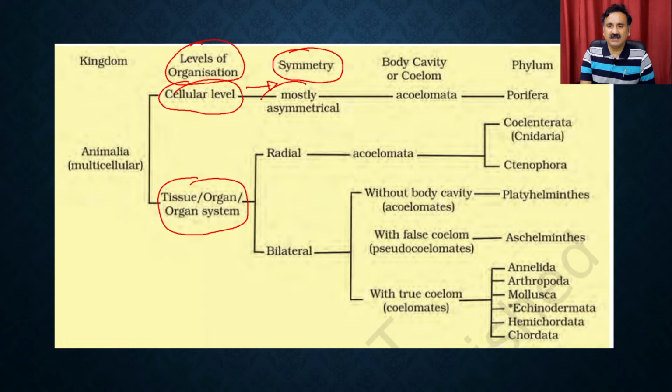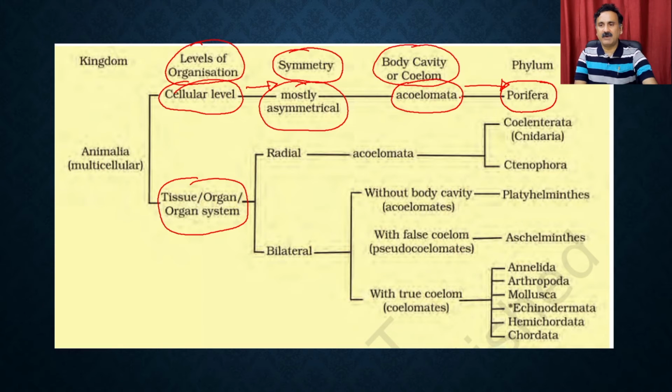If it is asymmetrical, then you look at the body cavity, whether it is present or not. If the body cavity is not present, then it is considered to be acoelomate. With all these three criteria you reach the first phylum, which is called Porifera. So let's discuss Porifera.